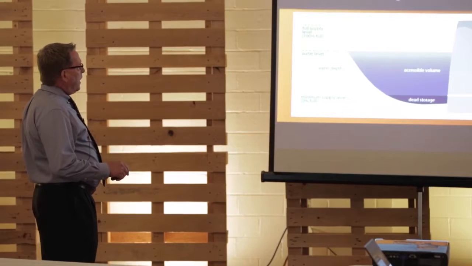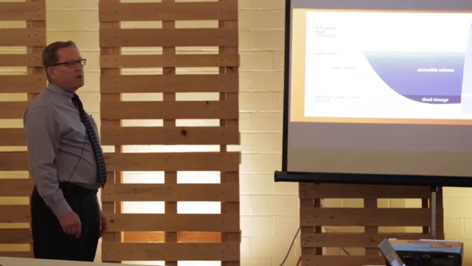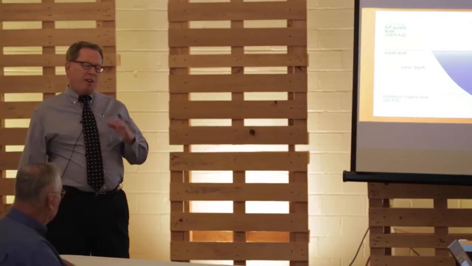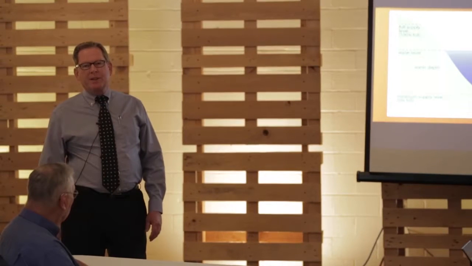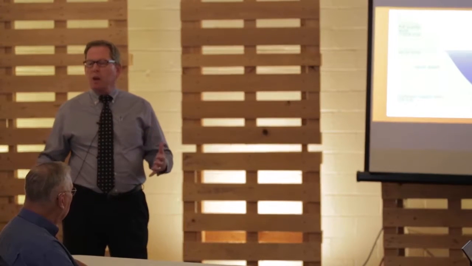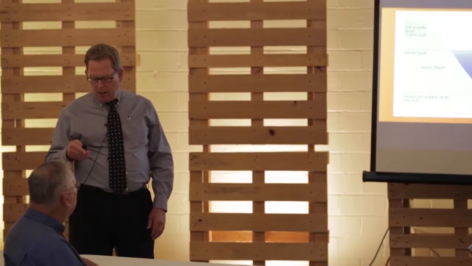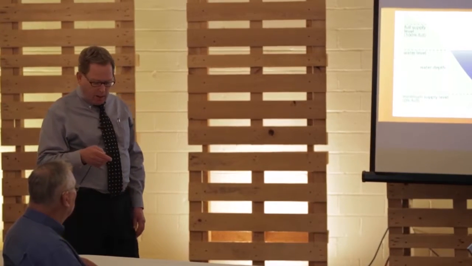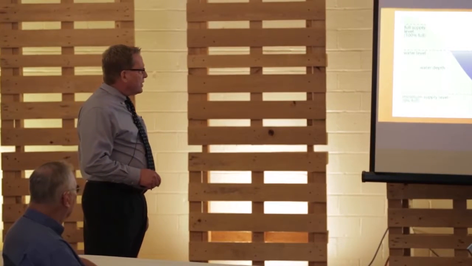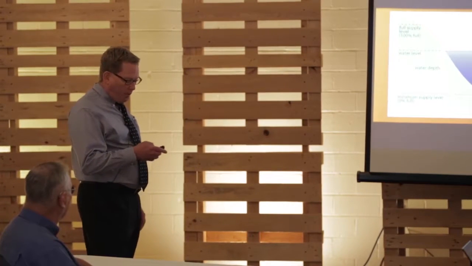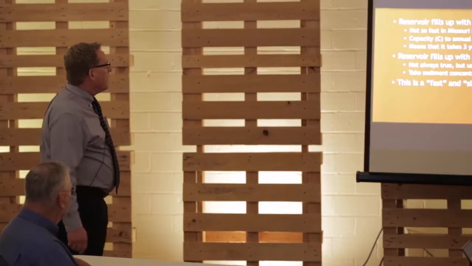And then up here in this white zone, this would be flood control storage. So we really like to compartmentalize things, and that's how we visualize dams and reservoirs. There's only one problem. Nobody told the sediment that this is where it's supposed to go. And it doesn't really cooperate with us very well.